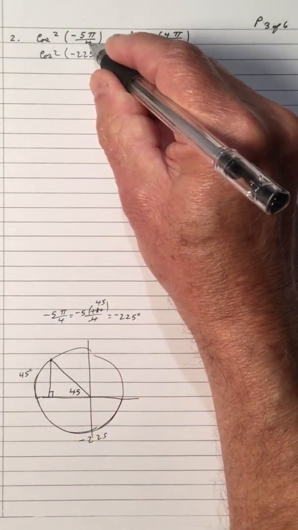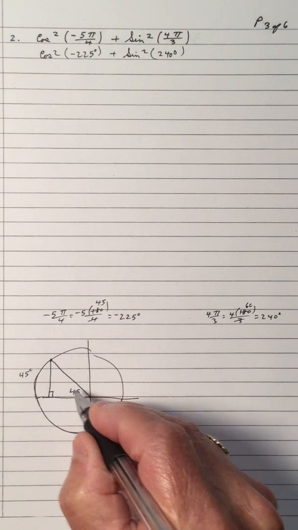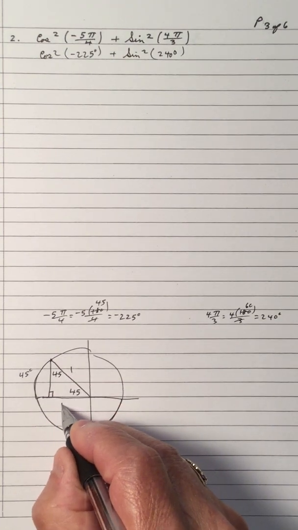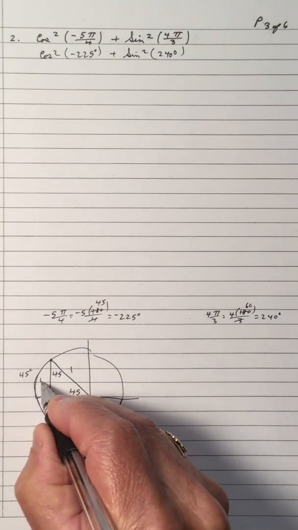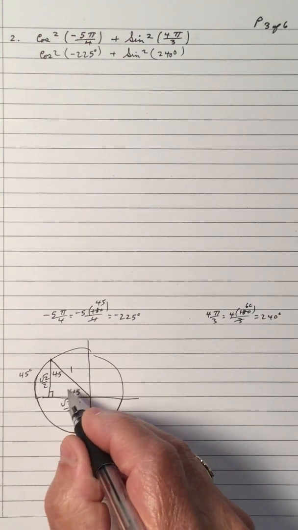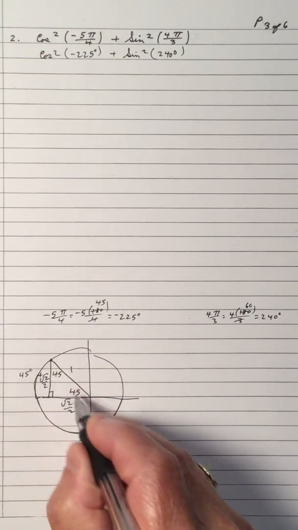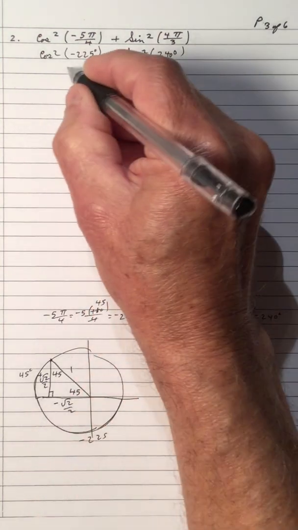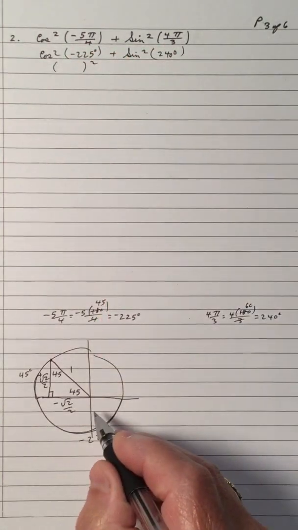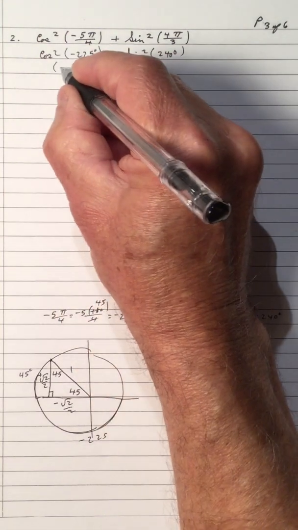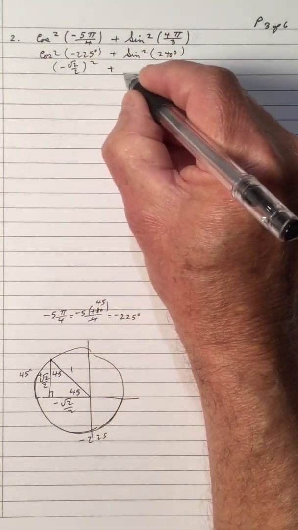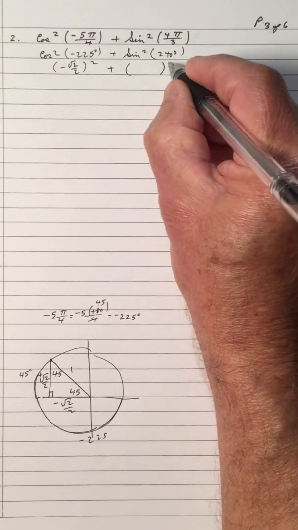Pi over 4 is 45. This is a 45, 1. So this is root 2 over 2. This one is root 2 over 2, opposite the 45, an isosceles triangle. Y is positive, x is negative. And we have the cos, and the square goes on the bracket. So the cos is the x, which is a negative root 2 over 2, plus the sine squared.